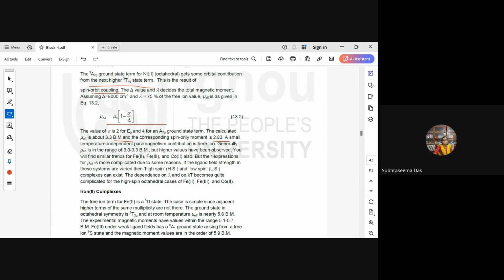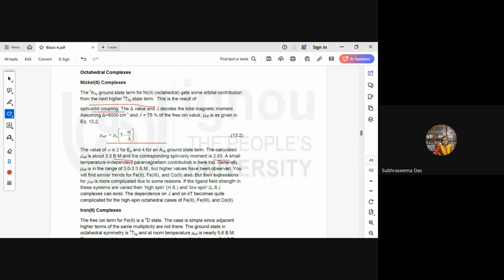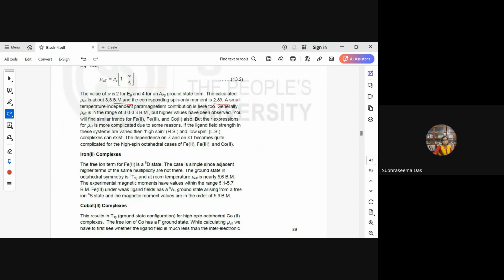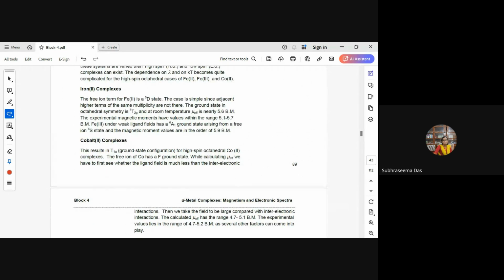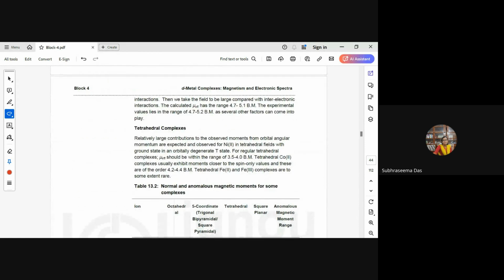We see that these contributions from the next higher state term also influence the mu effective values in octahedral complexes. Similar cases have been shown with examples with iron and cobalt complexes.